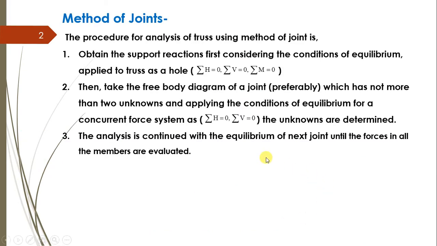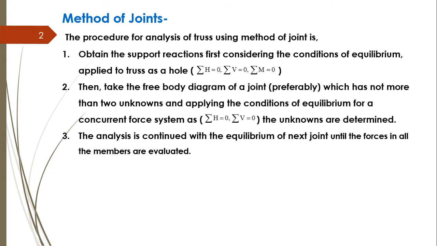Method of joints, as we already discussed in the earlier video, but just shortly we recall the procedure for analysis of a truss using the method of joints. In the first step, we have to consider the free body diagram of the whole truss and apply the conditions of equilibrium to that.